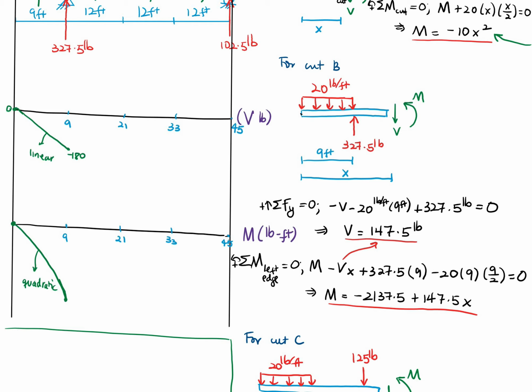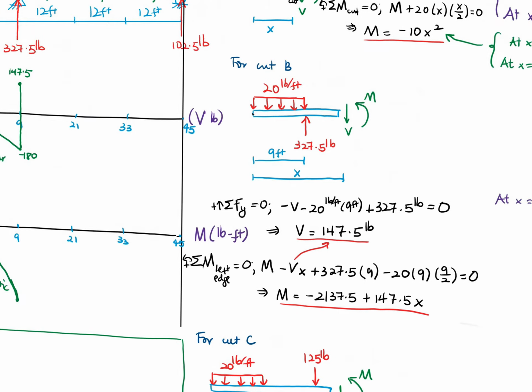On one side of 9 it's negative 180, but the other side is actually 147.5. We're going to move it back up to 147.5, so there will just be a drop line. To check your work, just try negative 180 plus 327 and you will get 147.5.